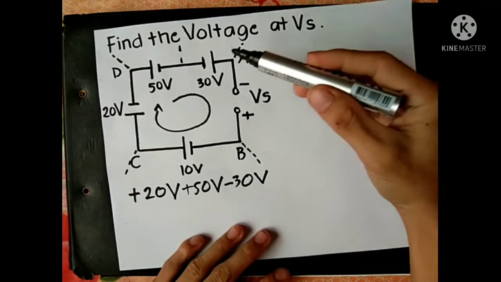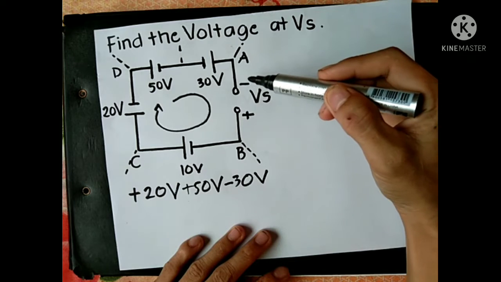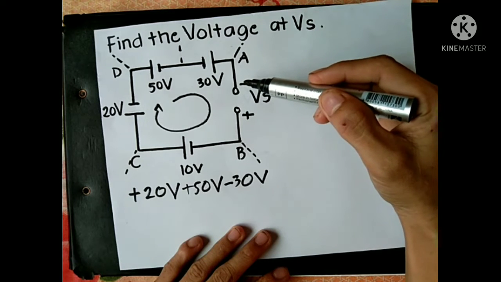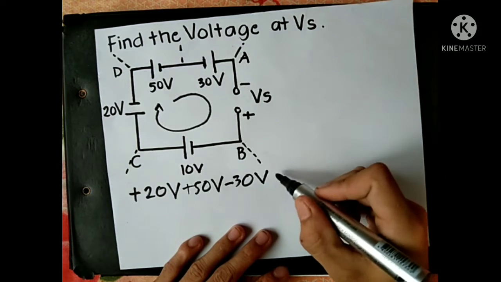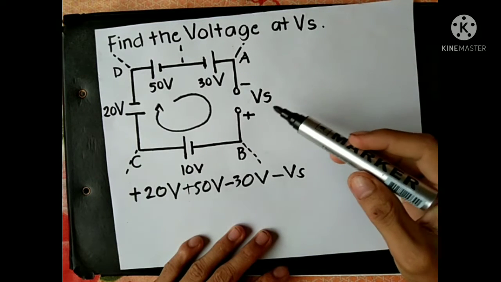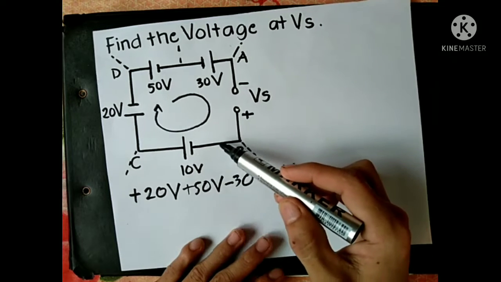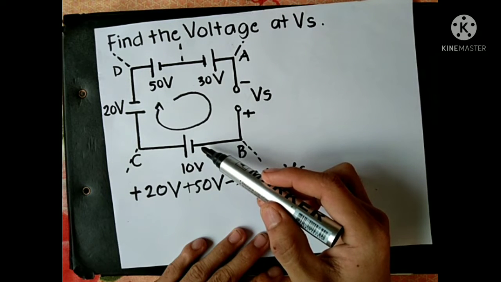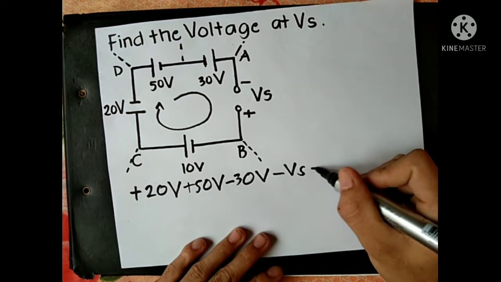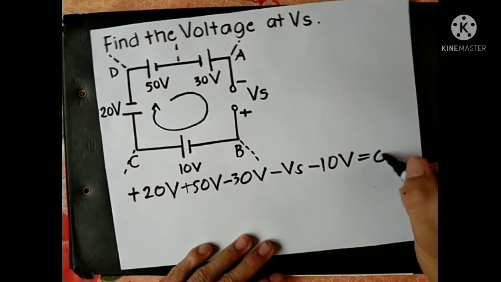Then it travels through the voltage source, entering the lower potential, the negative, so negative VS, and then it enters the 10 volts, which is the lower potential, so it is a negative 10 volts. So it is equal to 0.